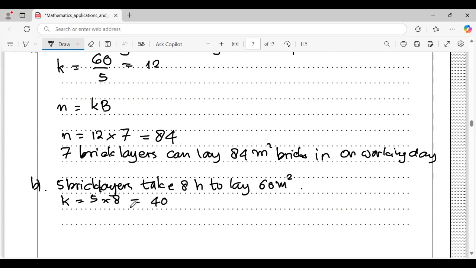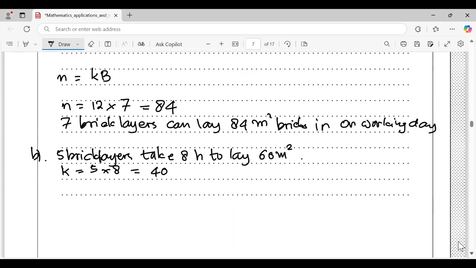Now you can determine how long it takes 12 bricklayers to lay 60 meters squared of bricks by the equation time equals K over B. K is the constant. So it means T, or time, equals 40 over 12. And this is 3.33 hours.